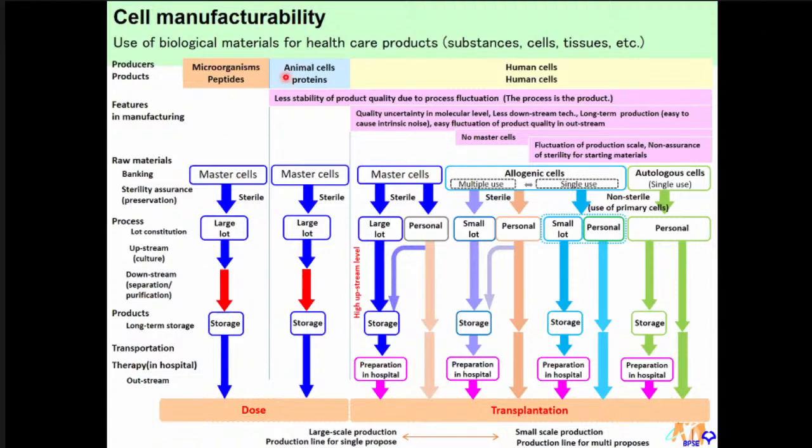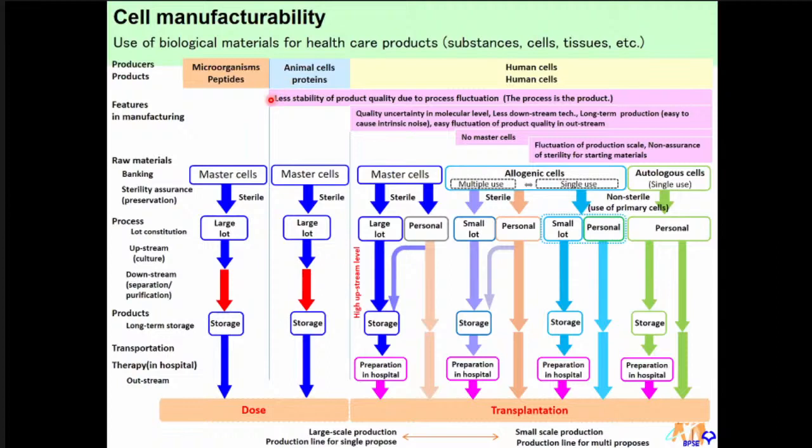How about animal cells producing a protein such as an antibody? In the case of CHO cells producing the antibody, we have to care about the lower stability of the product quality due to process fluctuation.